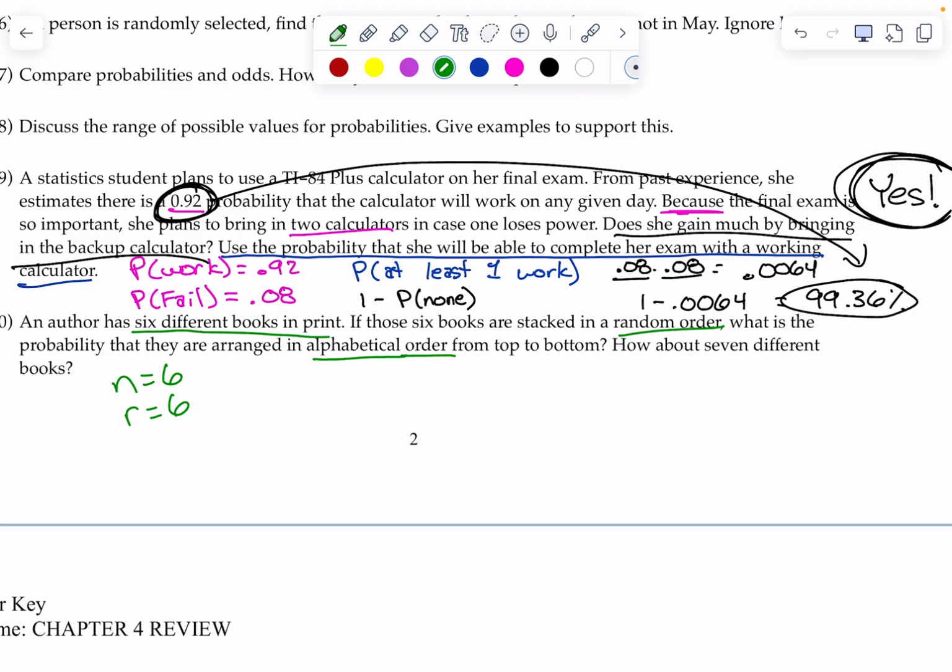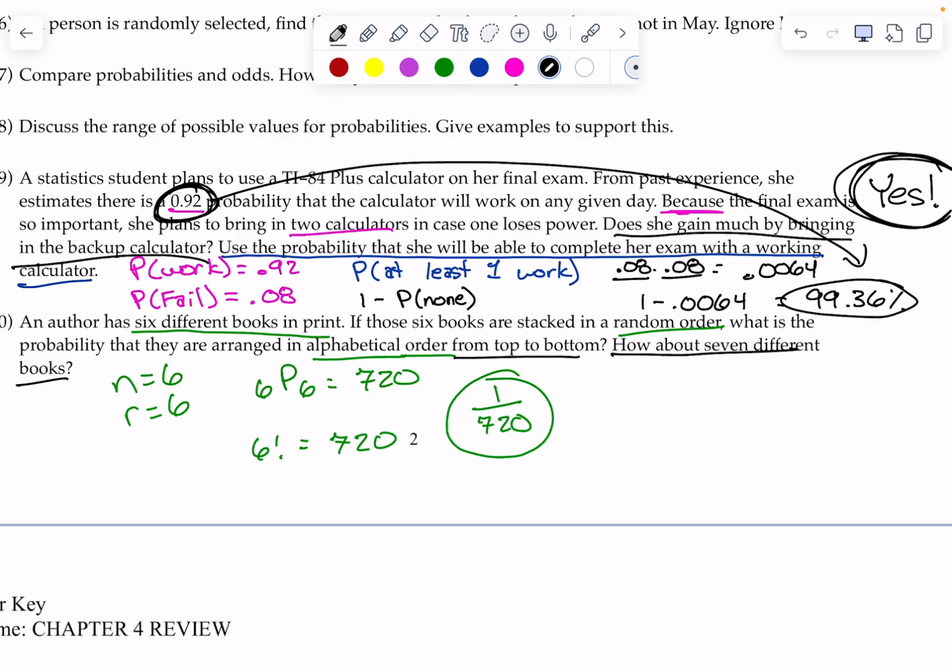Does the order matter? Yes, alphabetical order will be different. So we can do either 6P6 or 6 factorial, which is 720. So the chance of them being in alphabetical order is 1 over 720, since that is only one of the arrangements.